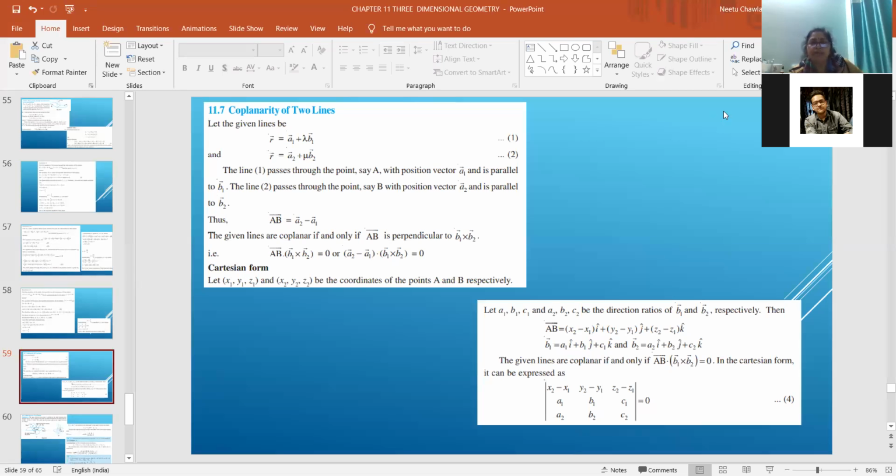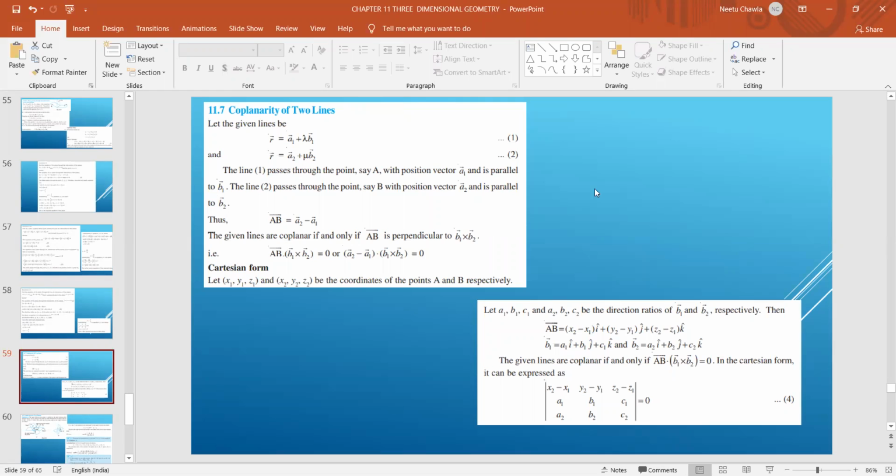Moving to the next topic, coplanarity of two lines. Let the given lines be r vector is equal to a1 vector plus lambda times b1 vector. You can also see in your books on page number 487.